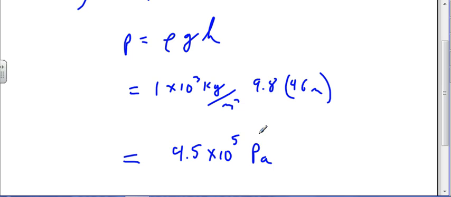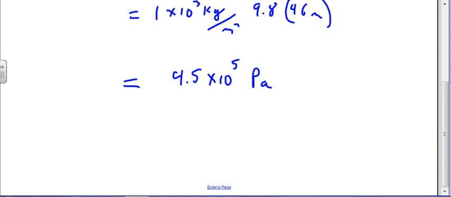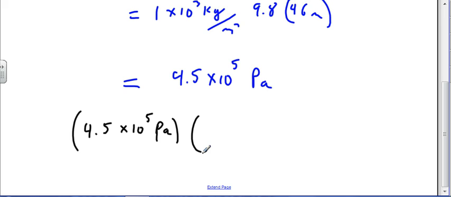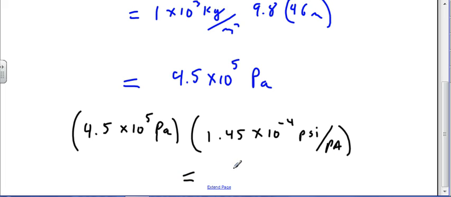Okay, so if we wanted the answer in pounds per square inch, we would take 4.5 times 10 to the 5th pascals, and we'd multiply that times, looking in the front cover of my book, 1.45 times 10 to the minus 4 pounds per square inch divided by pascals, which would give me PSI, pounds per square inch, which might be a more useful measurement.